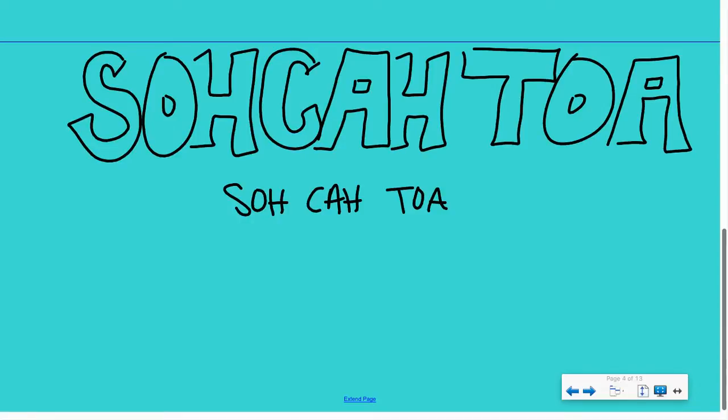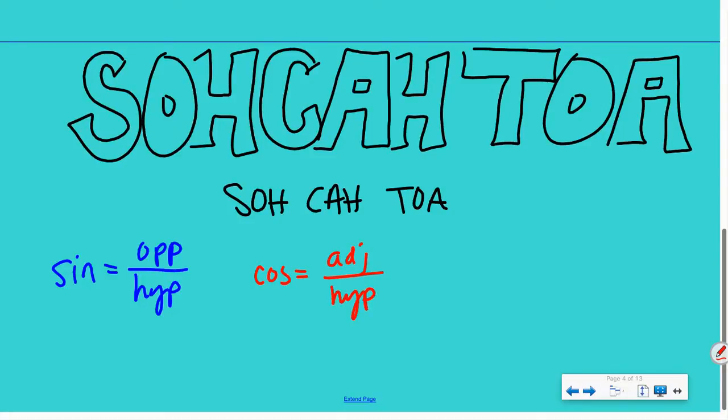Okay. SOHCAHTOA. Ready? This is how it works. The SOH part helps you remember sine. Sine, which starts with S, is equal to the opposite, which starts with O, over the hypotenuse, which starts with H. The CAH helps you remember cosine, because cosine starts with C. A is adjacent over H, which is the hypotenuse.